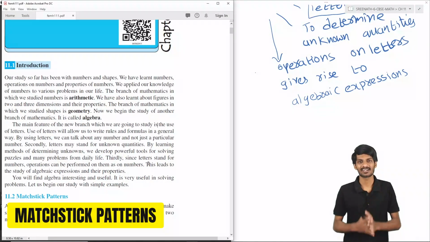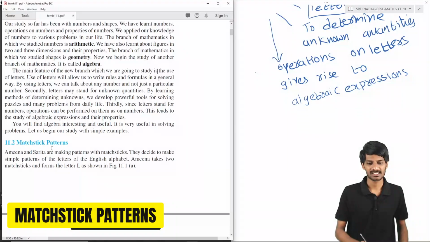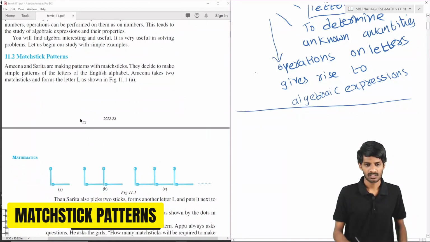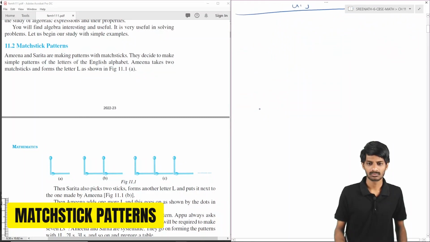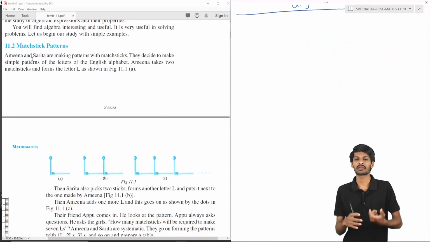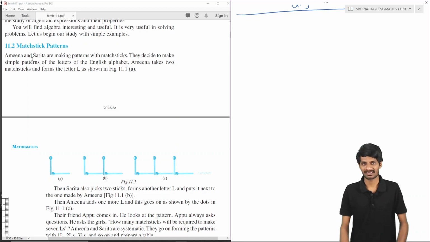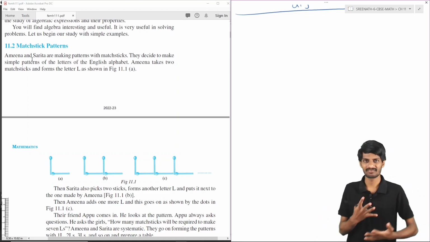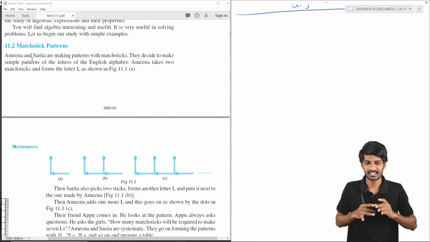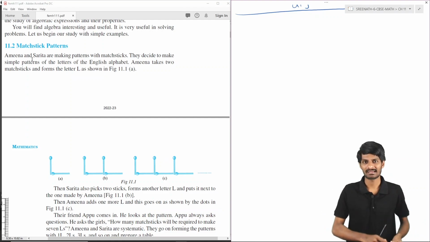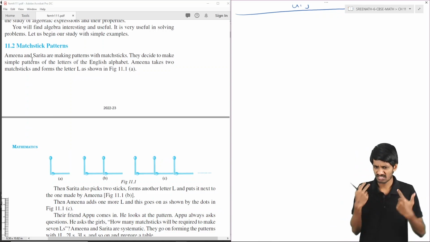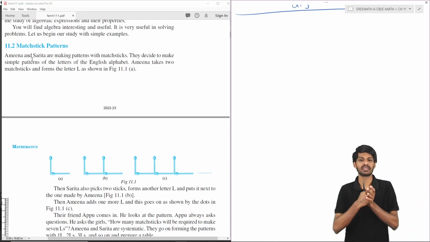Now we'll start the next thing, that is the matchsticks pattern, students. Okay, so we have completed this. Amina and Sarita are making patterns using matchsticks. They are playing with matchsticks and have decided to make some simple letters using them.